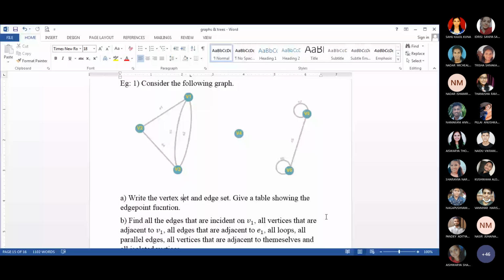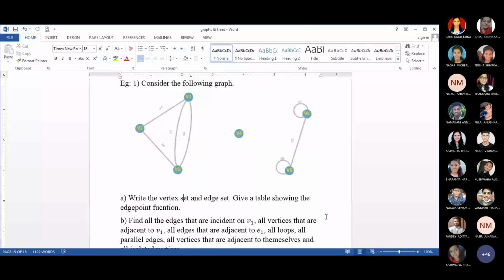हाँ, now is it proper? Yes, sir. Okay. So I was telling edges. First I'll just repeat. We were finding the edges that are incident to V1. Edges that are incident to V1 means having V1 as an endpoint.